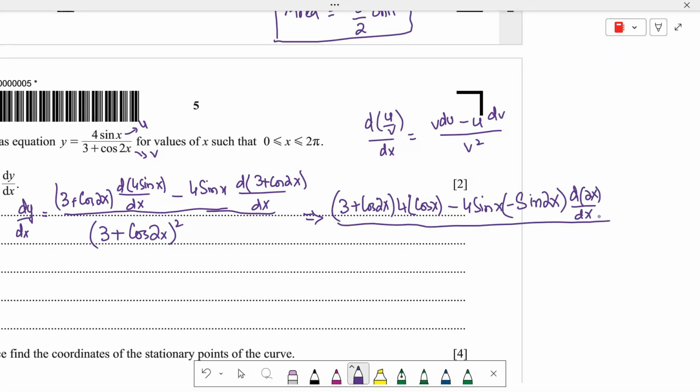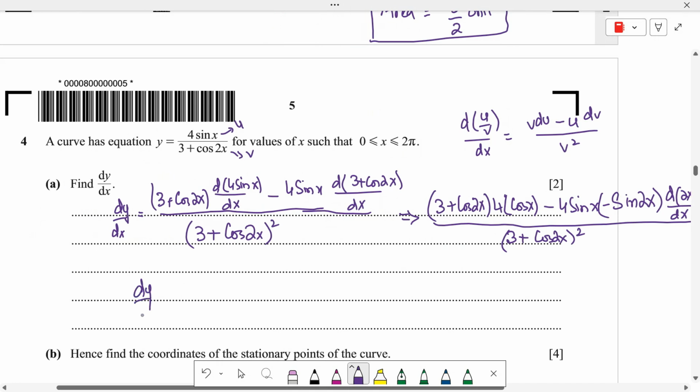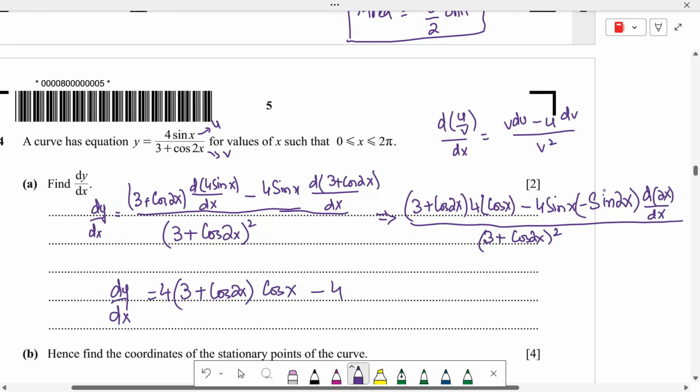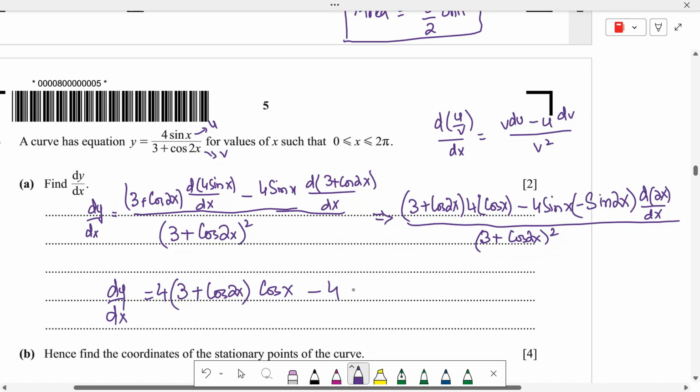over (3 plus cos 2x) whole squared. So dy/dx will be equal to (3 plus cos 2x) multiplied by 4, so we multiply here 4, and this one will be cos x, minus 4 sin x. The derivative of 2x is 2, so it will be 4 sin x times sin 2x. Negative becomes positive, and then multiply by 2.